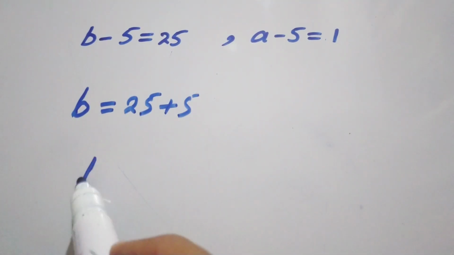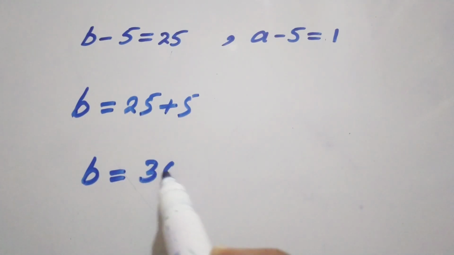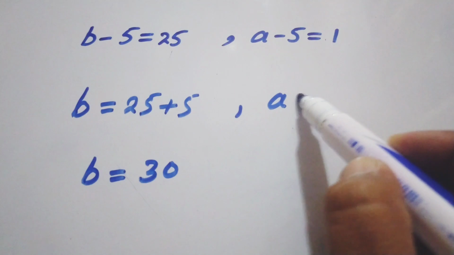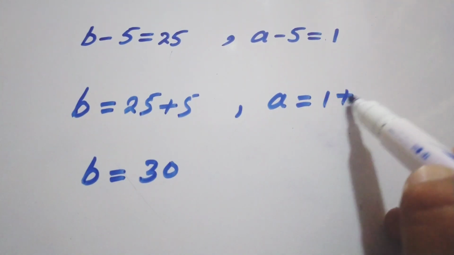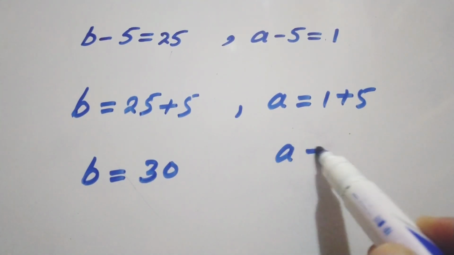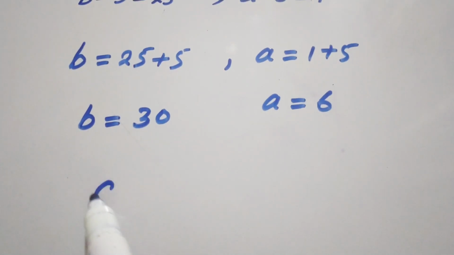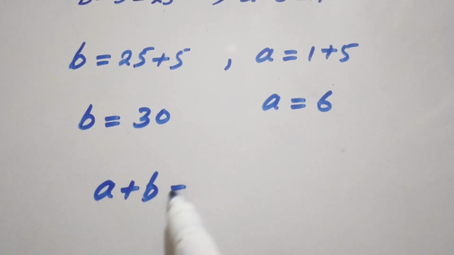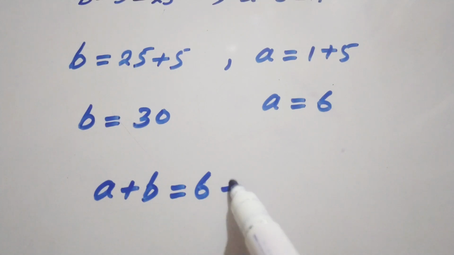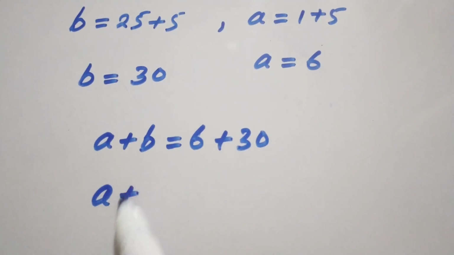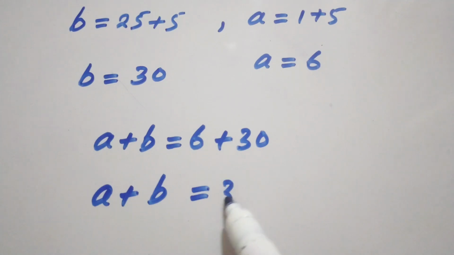So we get b is equal to 30. And here this will become positive 5 and we get a is equal to 6. Now adding a plus b, we get 6 plus 30. A plus b is equal to 36.